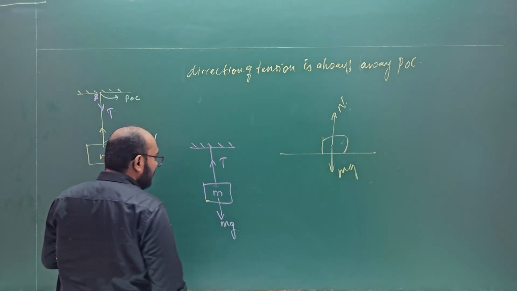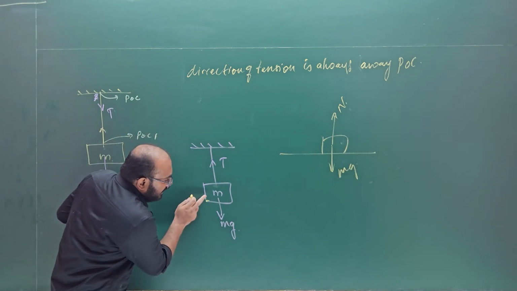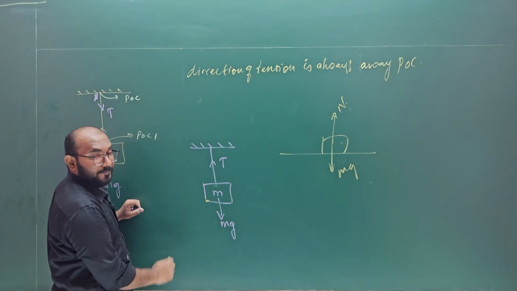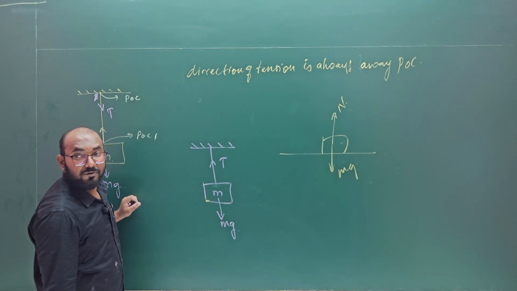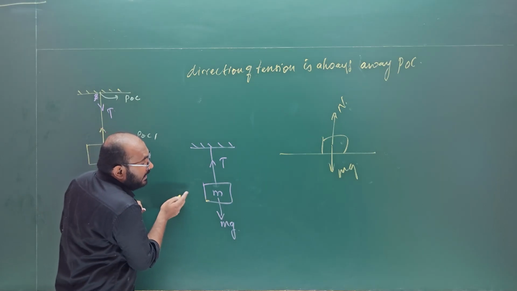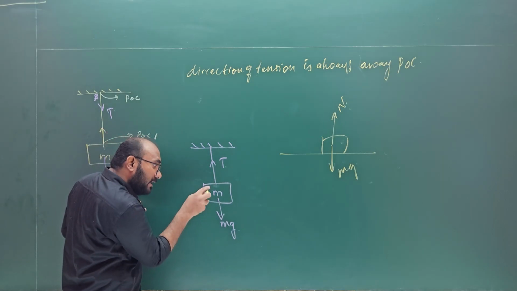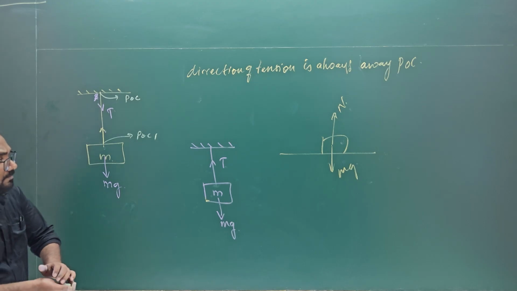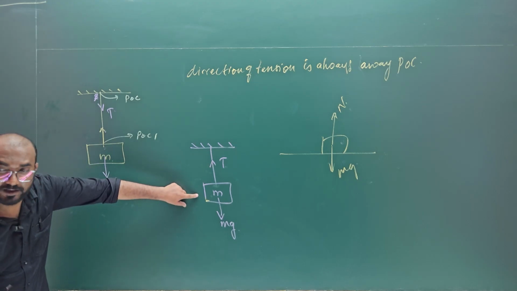Similarly, can I say that this mg is the force which is applied by the string, and tension is the force which is applied by this mass? Just as we read that, read this the same way.